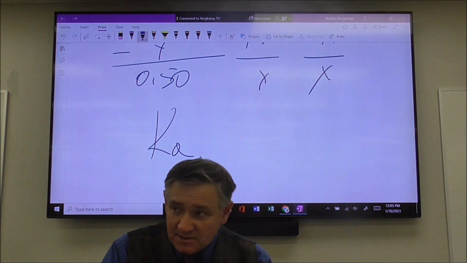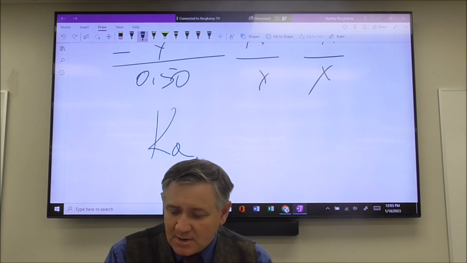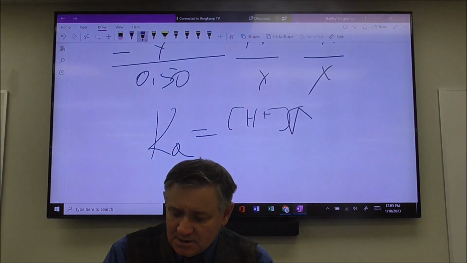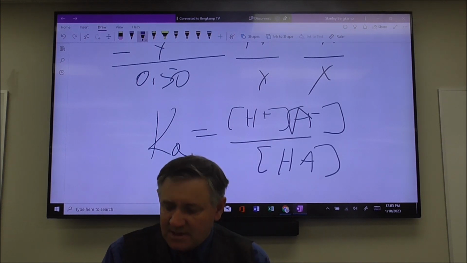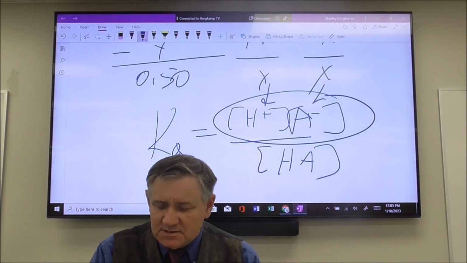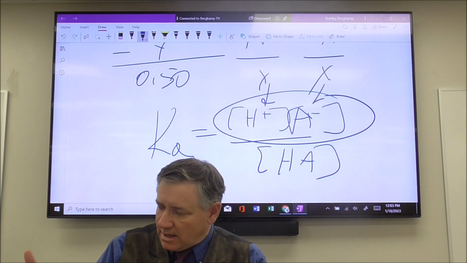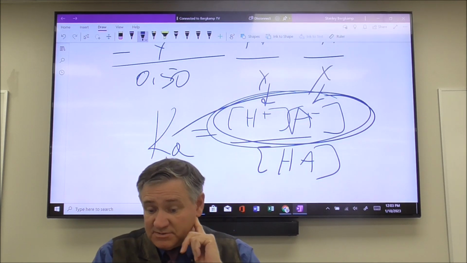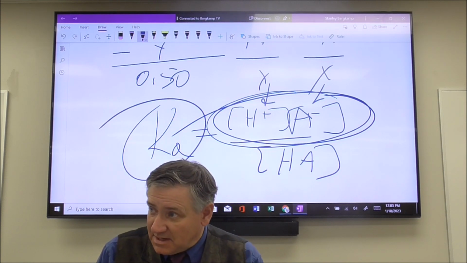Mother Nature likes equilibrium. Mother Nature is all about equilibrium. So that's your Ka times your hydronium times your anion divided by HA. Now in this situation, both of these are X's, because there was no anion to start with. So Mother Nature goes, hey, I want that Ka value to be 1.85 times 10 to the negative fifth.